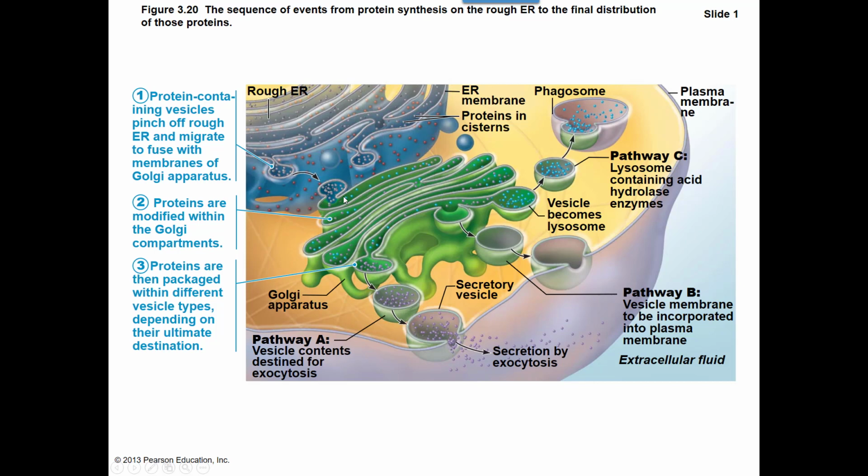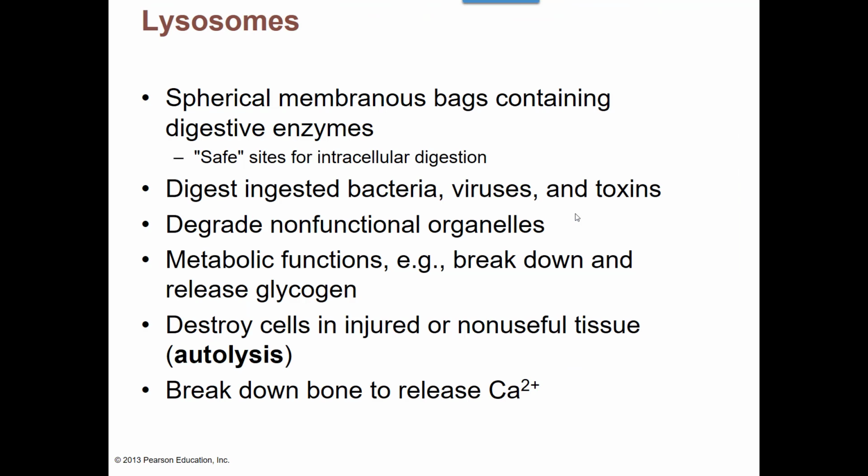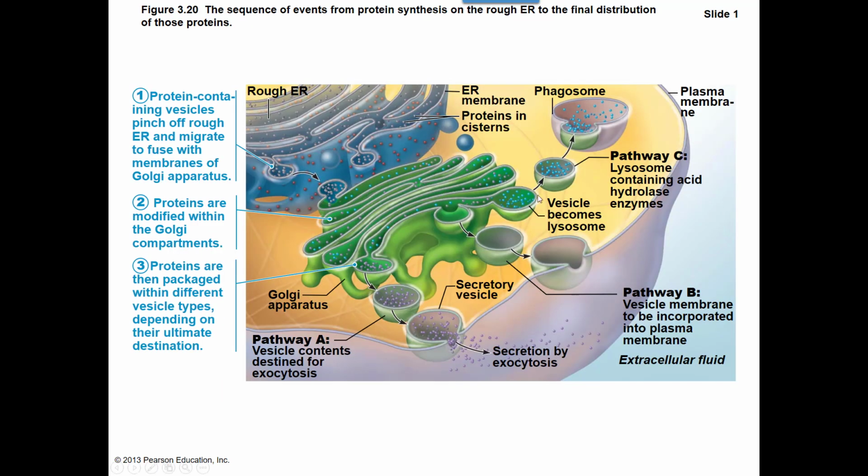They get sorted, repackaged, and then shipped out, whether it's for secretion or to become some other organelle like a lysosome. They're working together. Now, some of these vesicles that leave the Golgi apparatus can actually become a whole other organelle itself. It really depends what's inside of there.